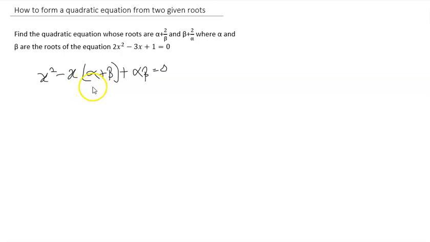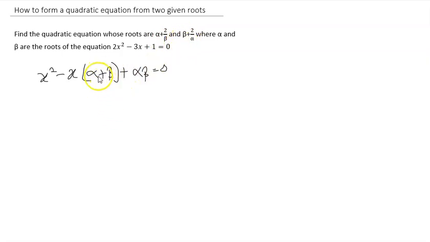So we're going to find the unknowns, which is the sum of the roots, alpha plus beta, and the product of the roots, alpha beta. For alpha plus beta, we're simply going to add this and this together, because one root represents alpha while the other represents beta. It doesn't really matter which one represents alpha, because you add and you multiply. All you need to know is that you would add these, then you multiply these.